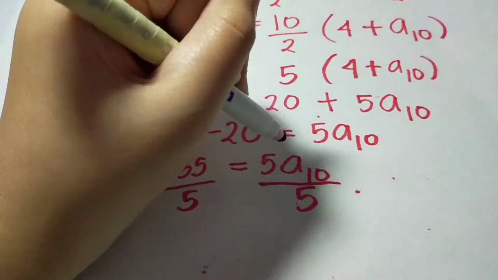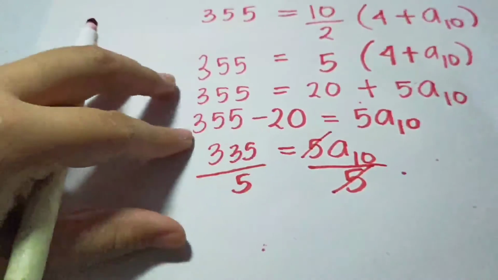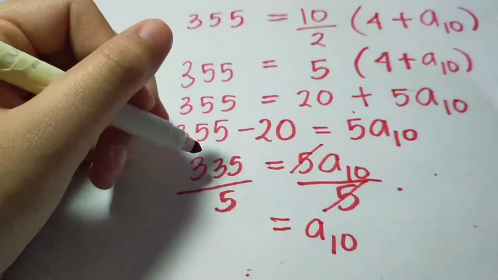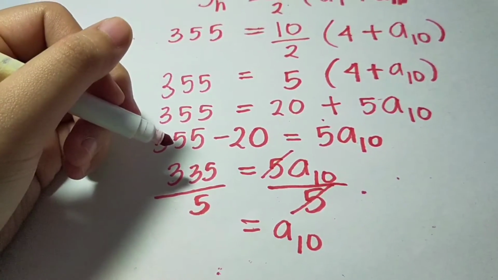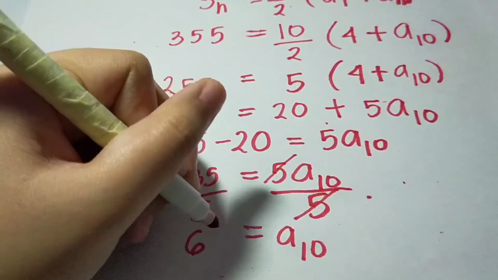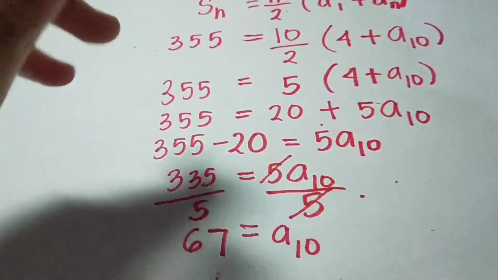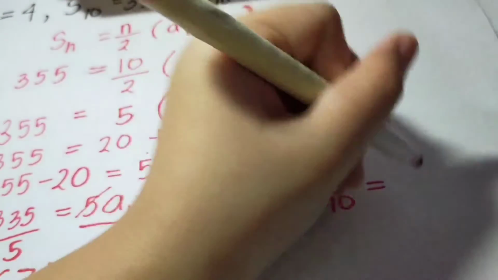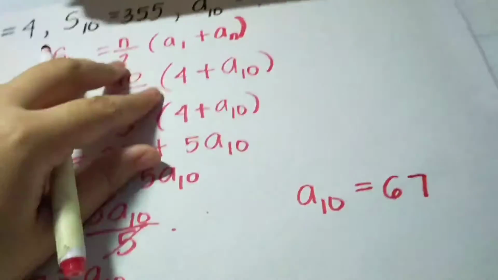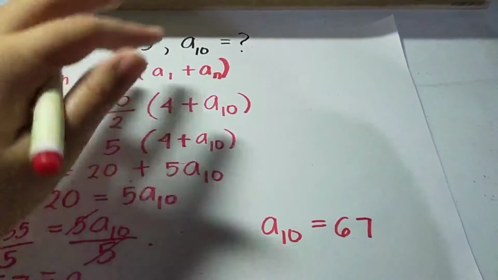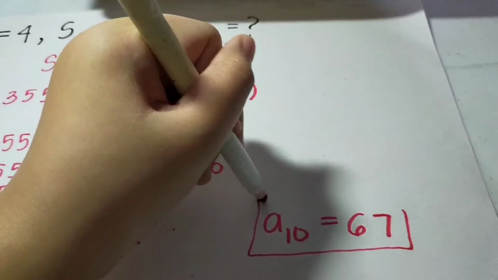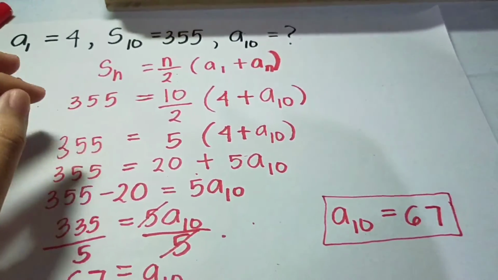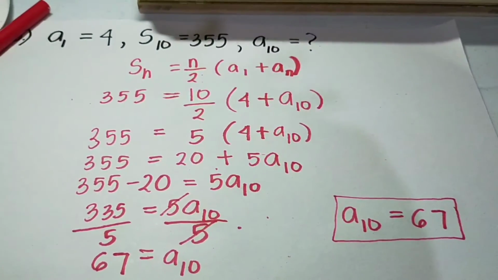So ito, cancel na ito, and a sub 10 is equals to 335 divided by 5 is equals to 67. So our a sub 10 is equals to 67, and that is our answer. Our a sub 10 is equals to 67.